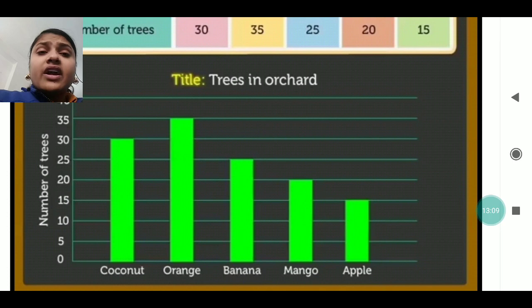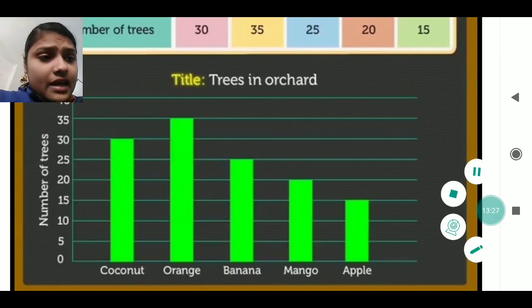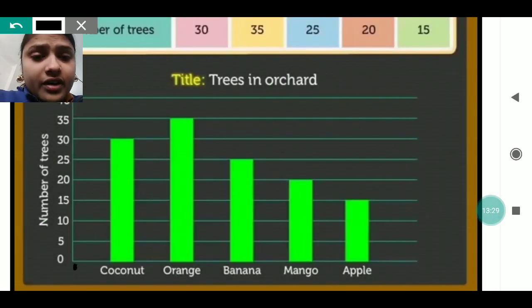When we are drawing the bar graph, it's very important to see the difference between one number and another, and accordingly we write the numbers, and we always start from 0. We write 0 at the corner first, and after that we write down the numbers.